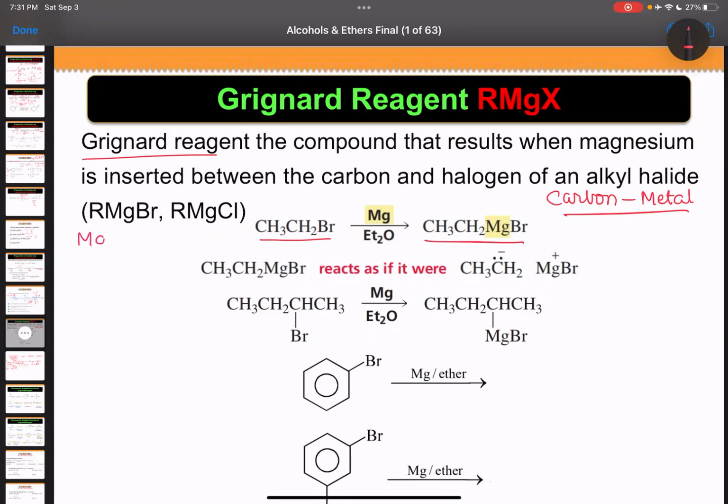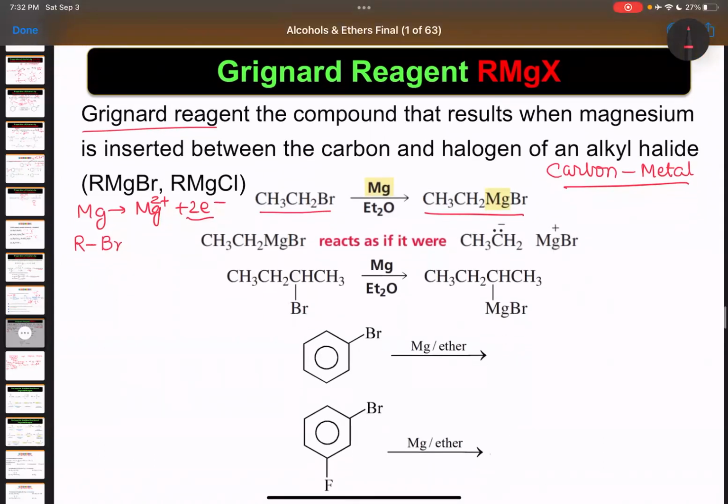The magnesium gives 2 electrons, forming Mg2+ and 2 electrons. You have the alkyl halide, which I'm writing as RBr. In the presence of 2 electrons, it breaks as R minus and Br minus. Without the electrons, it would cleave as R plus and Br minus.